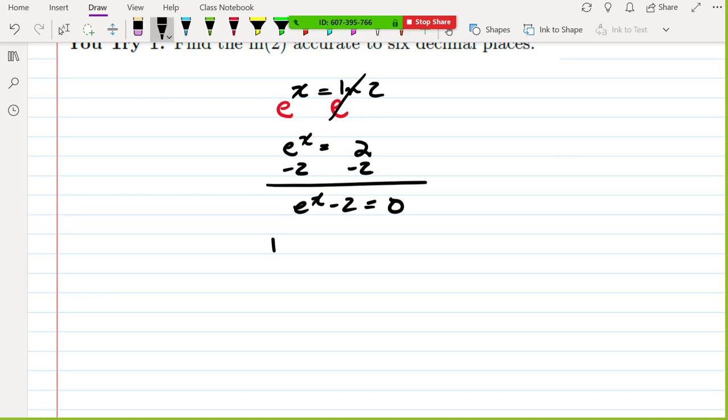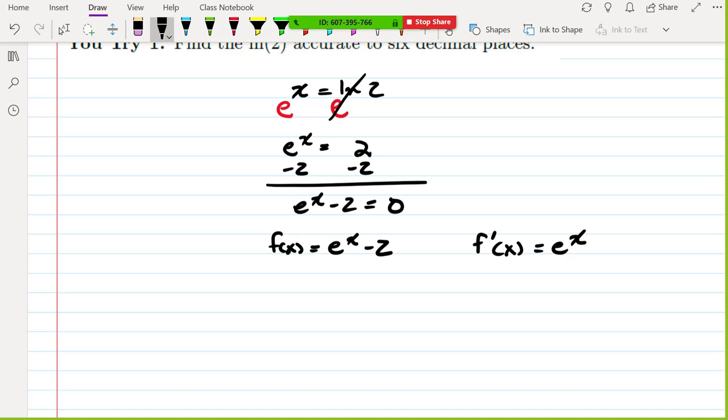So then our f of x is equal to e to the x minus 2. And the derivative of e to the x minus 2, well, the derivative of e to the x is e to the x, and the derivative of negative 2 is 0.